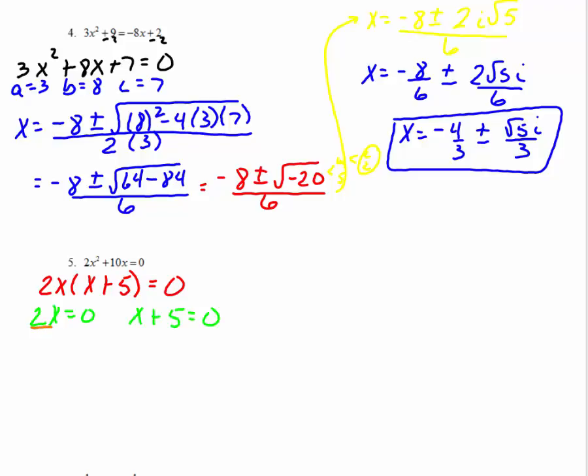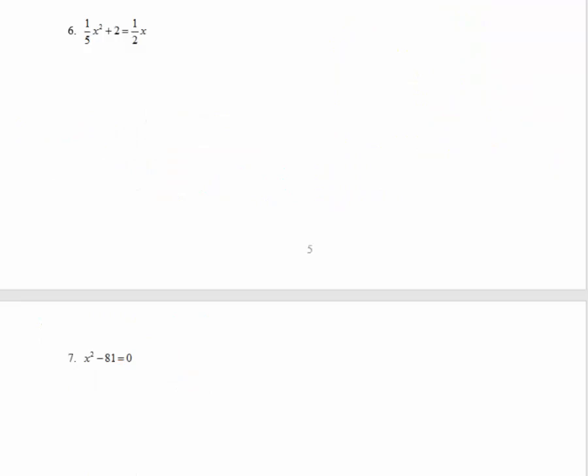I'll divide by 2, so one of my answers is x equaling 0. I'll subtract over the 5, so x equals -5. So my two answers are 0 and -5. If you want to try the quadratic formula, A would be 2, B would be 10, and C would be 0. But factoring is a quicker method there.